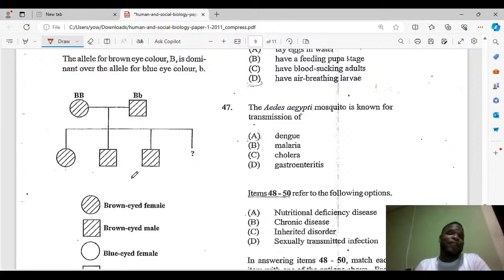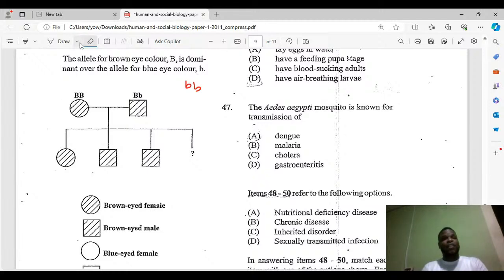In order for blue eye color to show, you need to get two recessive alleles. Has to get two recessive, right? Because it says that the allele for blue eye is recessive b. In this case, there's no way you can get a recessive from this.